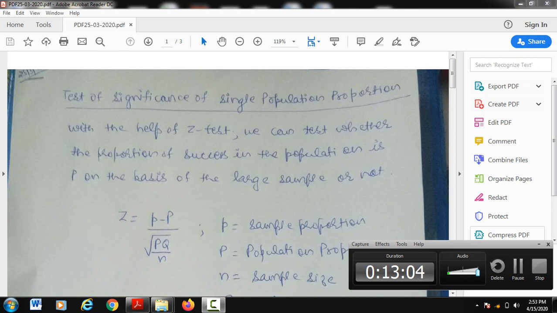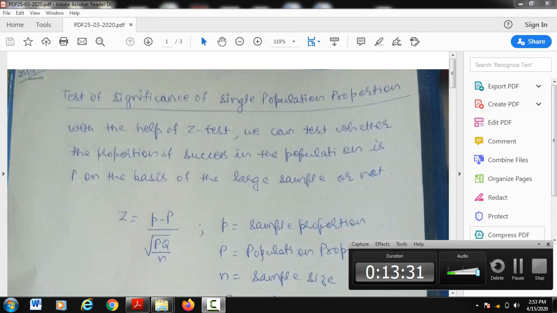After that we have also discussed the same application for the standard deviation, that is whether the sample given to us has been derived from a population having that particular standard deviation, or if I want to check whether the difference between the standard deviations of two samples or two populations is significant or not, in that case we also apply the Z test.